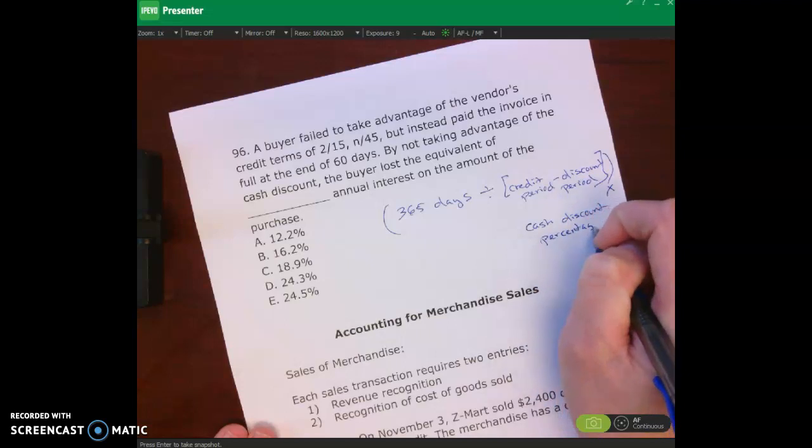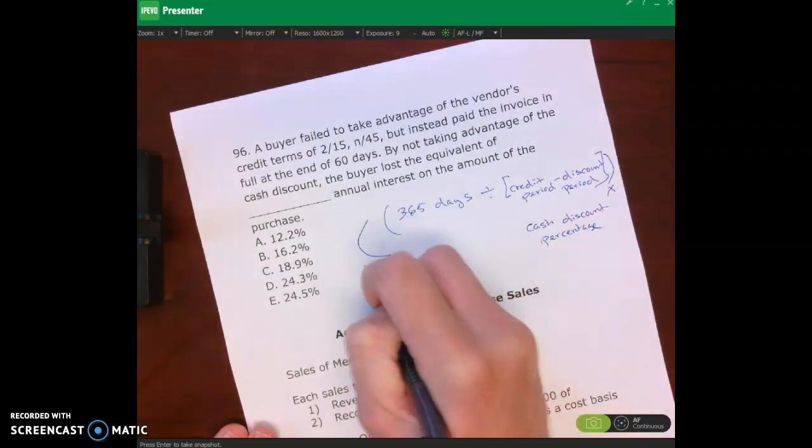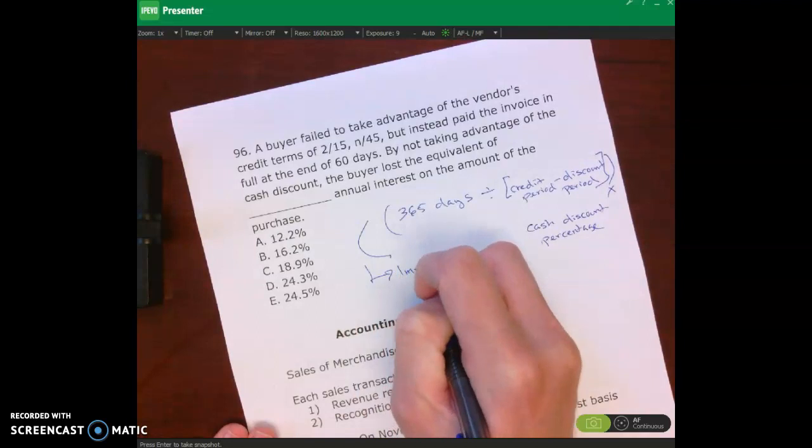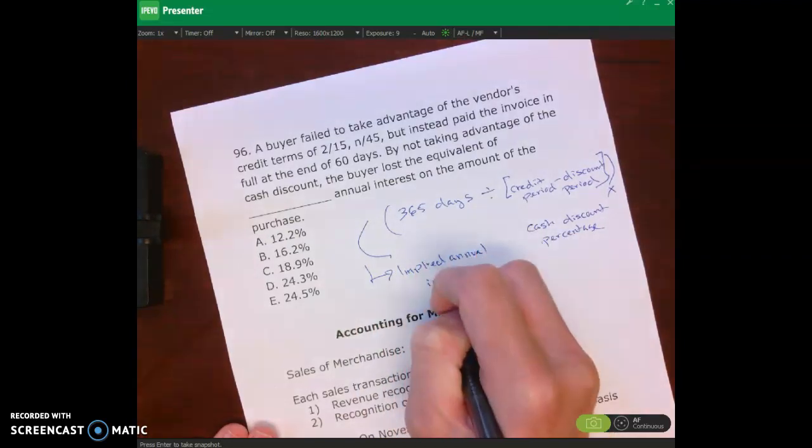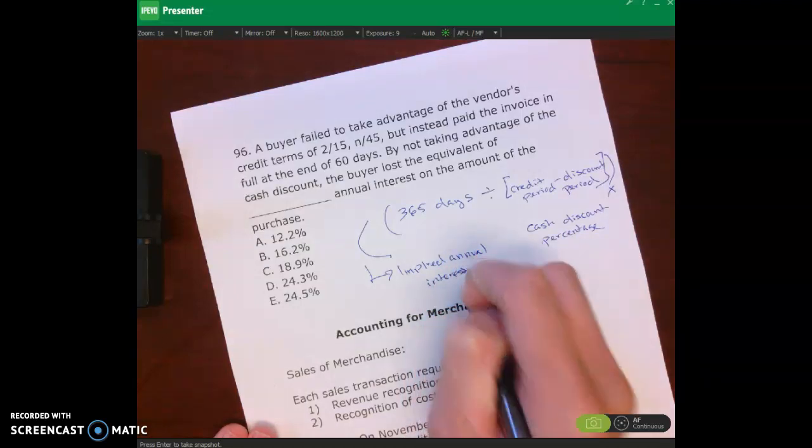Okay, this is our implied annual interest. That's what that is, okay?